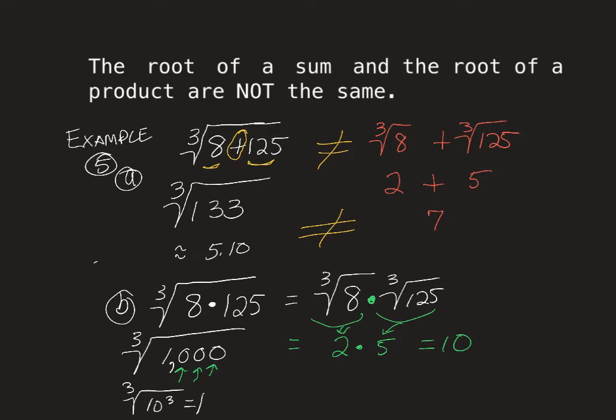And the cubed root of 10 cubed is 10. So yes, these are equal. That does work. Yay. Okay. If there's a multiplication, you can use it that way. All right, let's move on to an example 6.